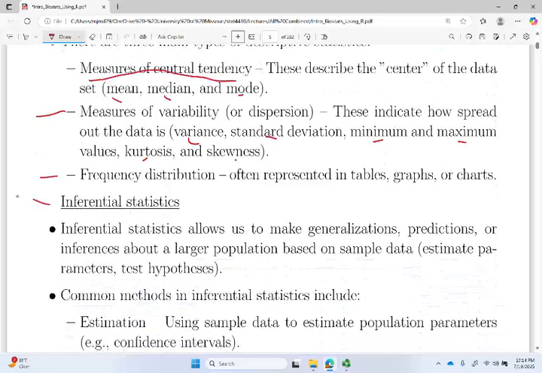The next is inferential statistics, and it allows us to make predictions or generalizations about the population. So generally we don't collect every single observation from a population, but we take a sample, and then from that sample we make generalizations or predictions about the population.